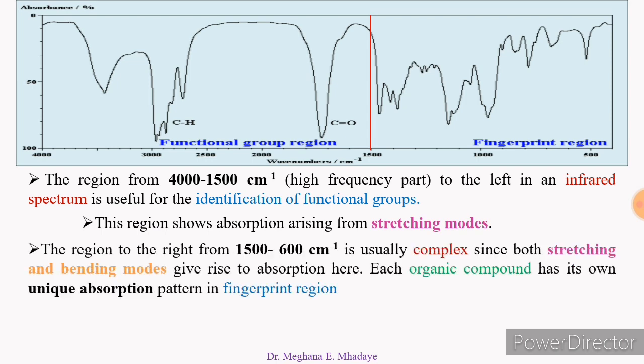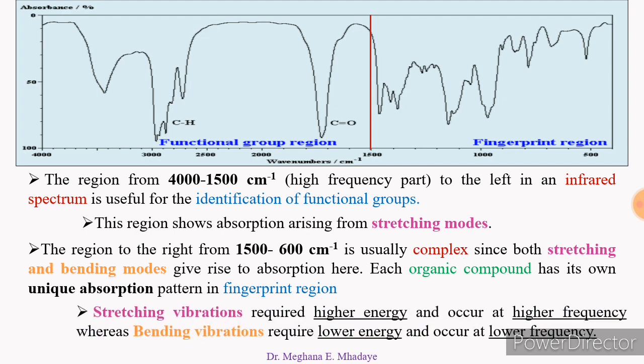The region to the right, from 1500 to 600 cm⁻¹, is usually complex since both stretching and bending modes give rise to absorption here. Each organic compound has its own unique absorption pattern in the fingerprint region.